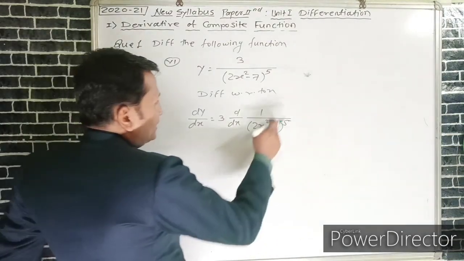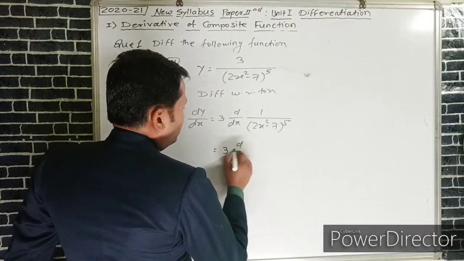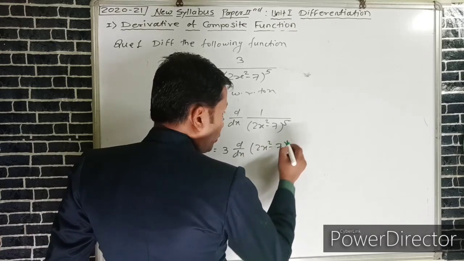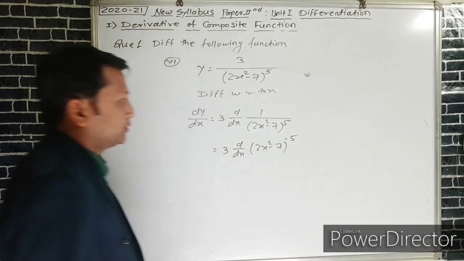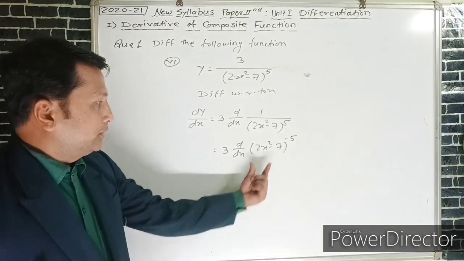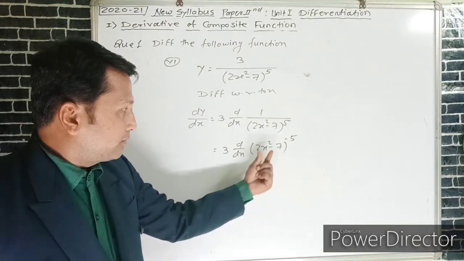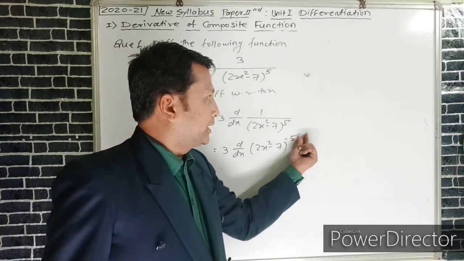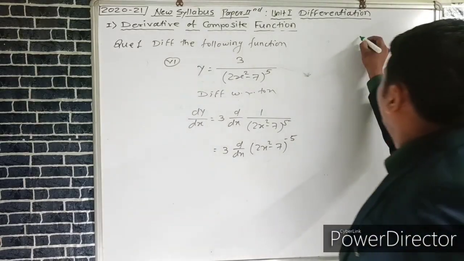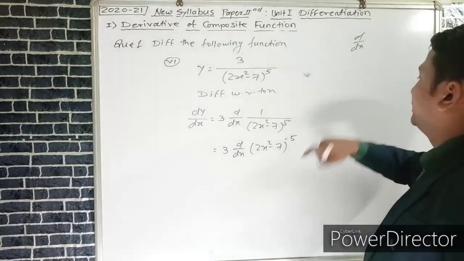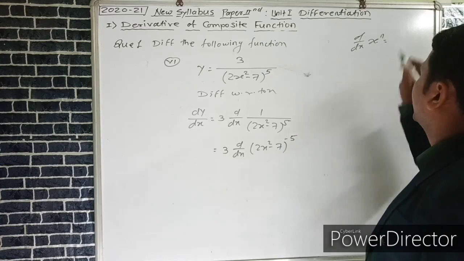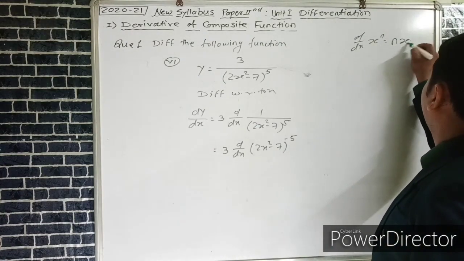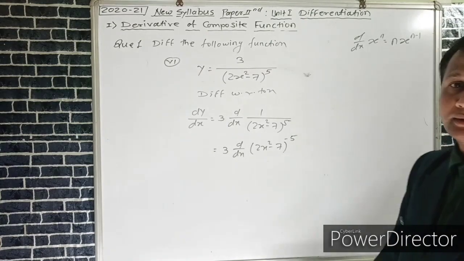We can also write this function as 3 into the derivative of 2x square minus 7 whole raised to the power minus 5. Now the given function is in the form of a function f of x raised to the power n, and the derivative of x raised to the power n is n into x raised to the power n minus 1.